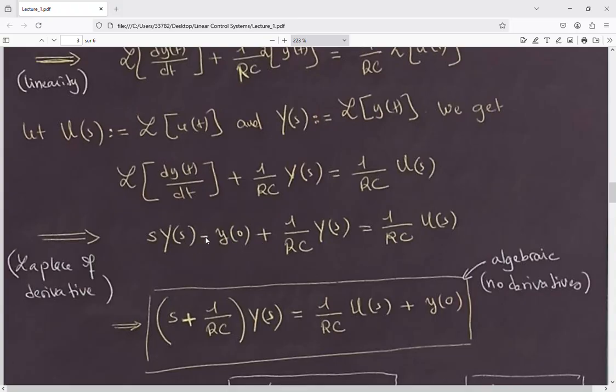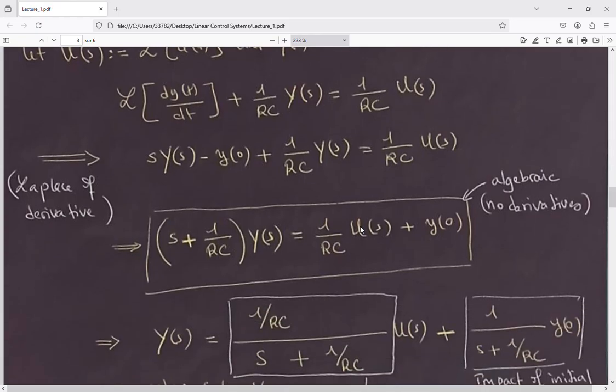So this is the Laplace transform of dy over dt, plus you have the other terms here. Now I will take big Y of S as a factor. So we get S plus 1 over RC. I take small y of 0 to the right-hand side, and this is the expression that I get.